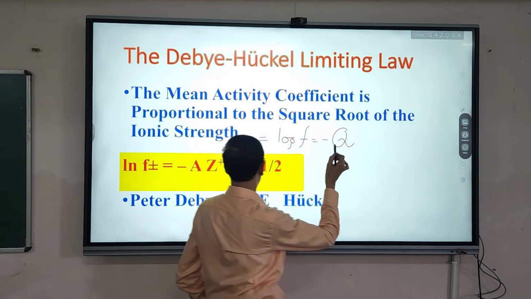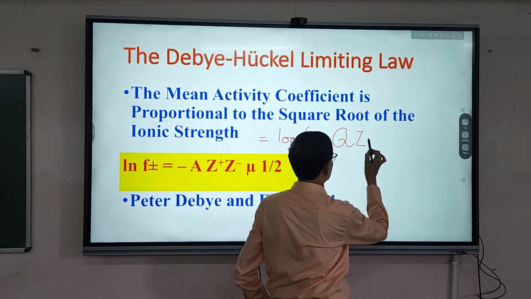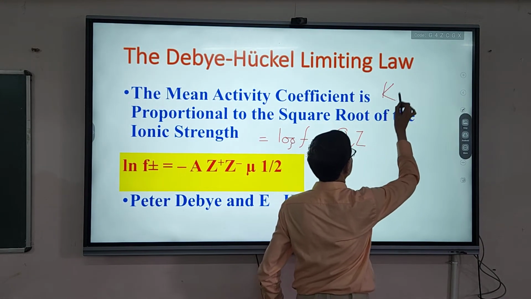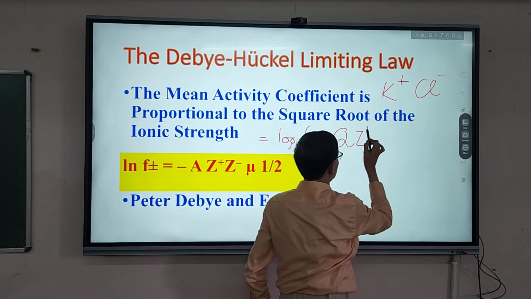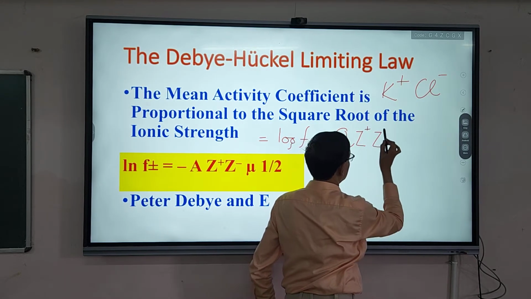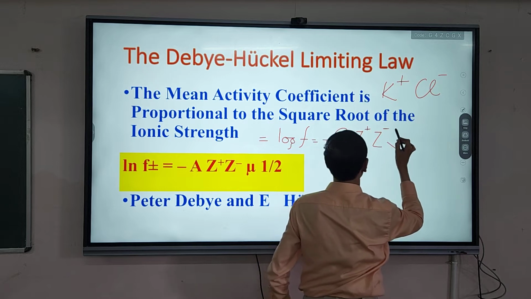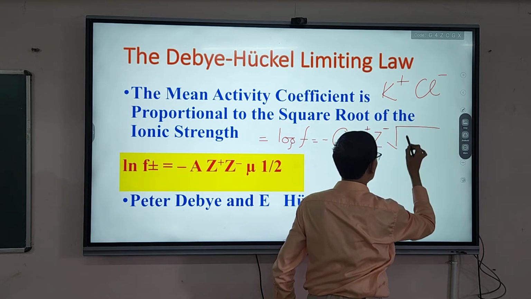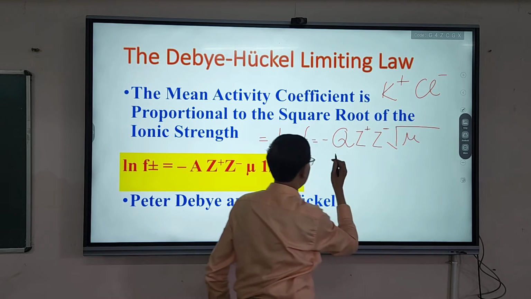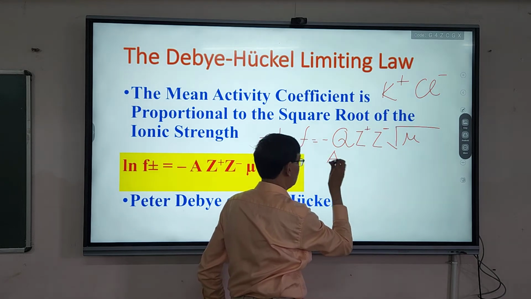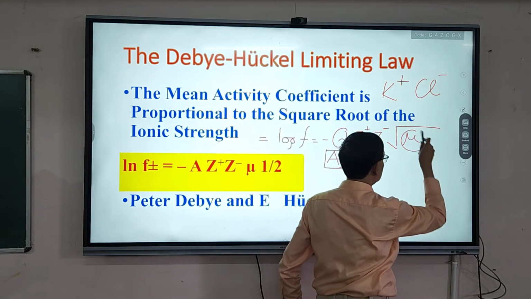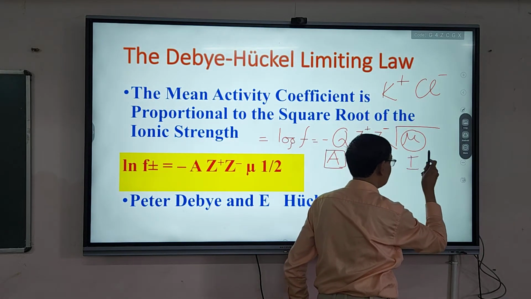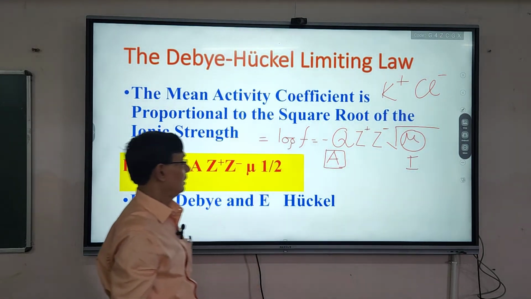You can write A also. Z, because if I am talking potassium ion and chloride ion, so Z plus, Z negative, under root of half, means same thing, mu. You can write here A also, no problem, it is a constant. Here you can also write I, ionic strength, no problem.